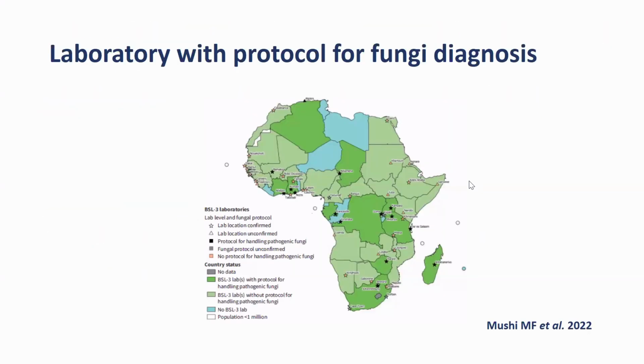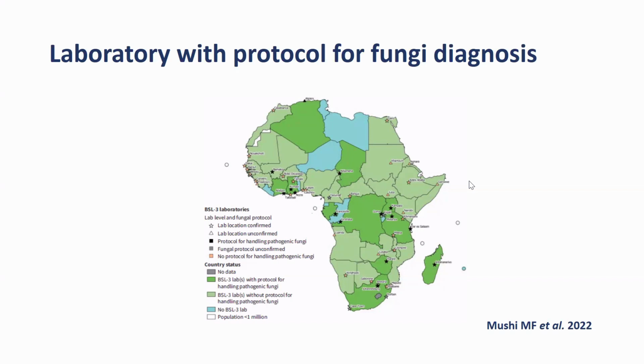And we did a study in 2022, looking at the roadmap that we had targeted in 2015, to see where Africa had reached, looking at the laboratory with the protocol for fungal diagnosis. So we looked at different laboratories in different countries. We wanted to see how many countries have laboratories with biosafety level 3.